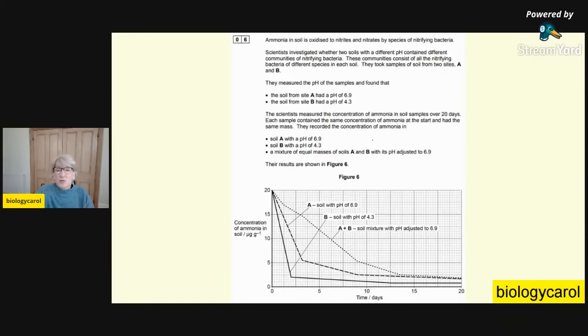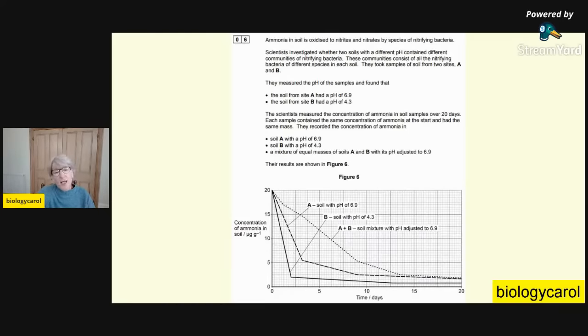They had the same concentration of ammonia at the start. And this is the soil sample B, the acidic soil sample. This is the more neutral soil sample. And this is where they combined the two soil samples together and adjusted the pH to 6.9. And I'm already thinking, okay, the acidic pH, this is going quicker because the amount of ammonia is going down faster in a shorter period of time.